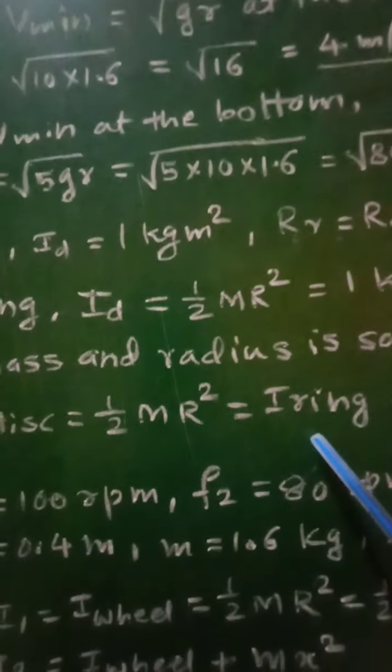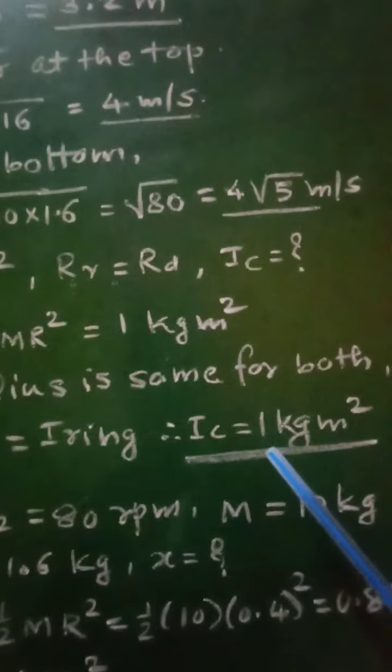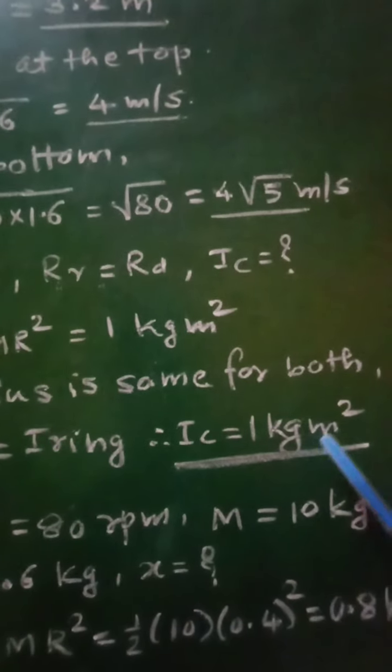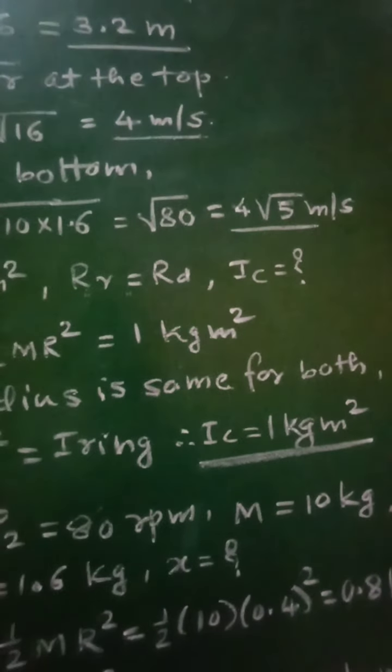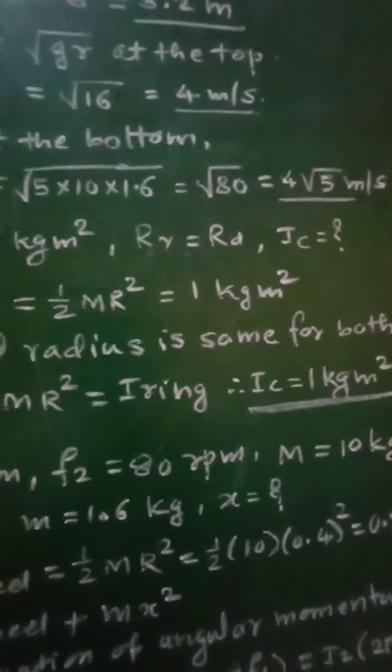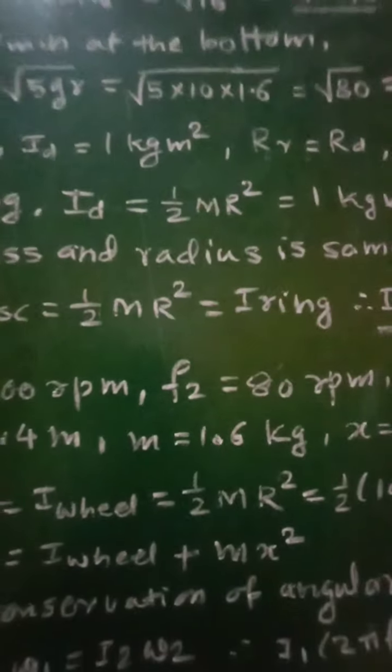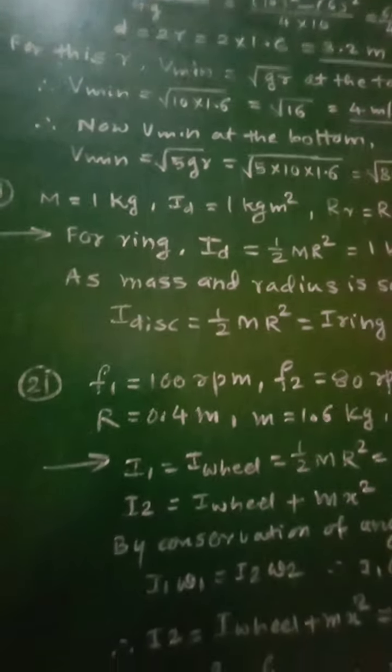So the moment of inertia of the ring and the disc will be the same, and therefore IC is equal to 1 kilogram meter square. The same moment of inertia will be possessed by both ring as well as disc.